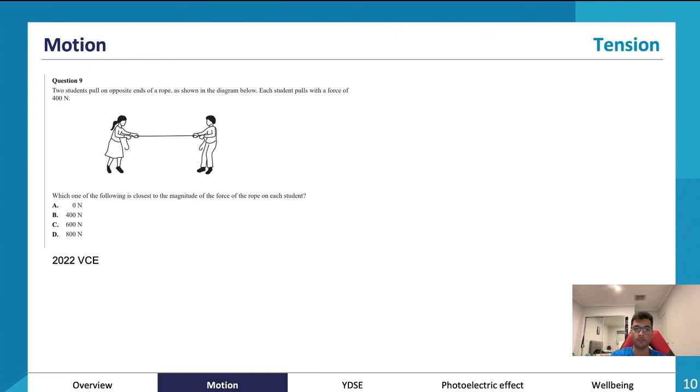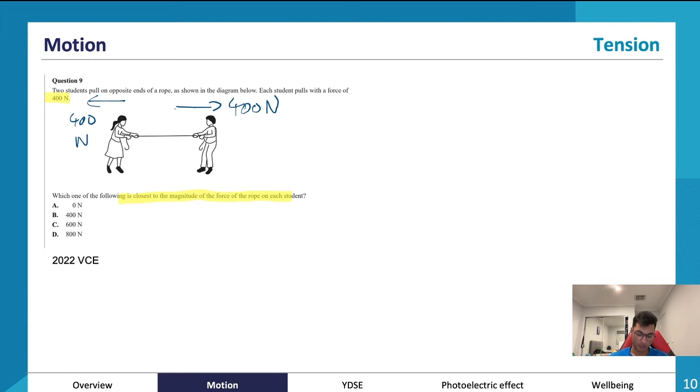We'll do a quick question. This is question 9 from, I think, the 2022 VCE exam. In this question, each student is pulling with a magnitude of 400 newtons. So if you were to draw the force diagrams, it will look something like this. This student is pulling this way with 400 newtons, and this other student is pulling in this direction with 400 newtons.